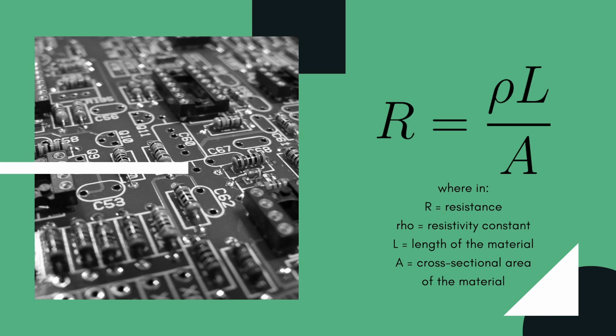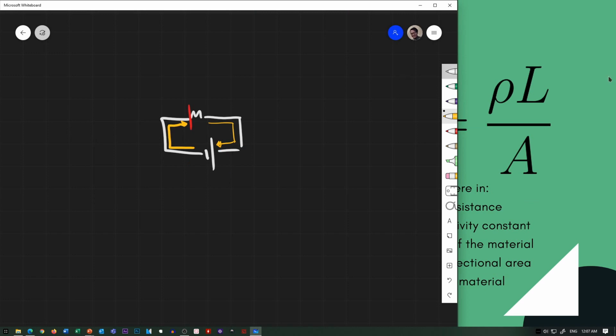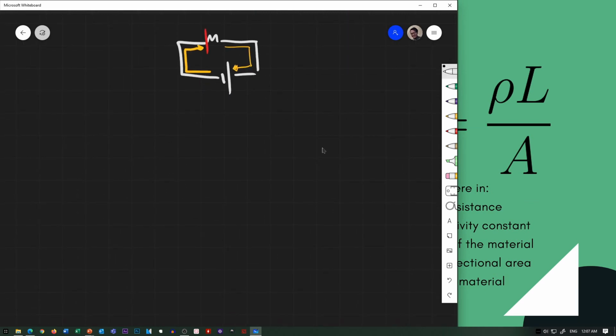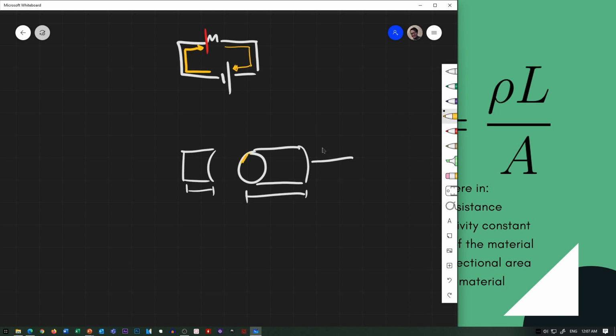So if you're going to have, let's say, a resistor that looks like this, say it's being chopped. These are the lengths. Then you have the cross-sectional area, which is this.